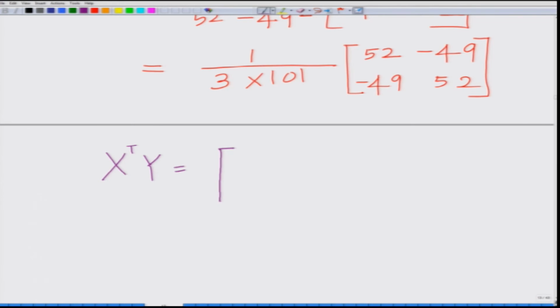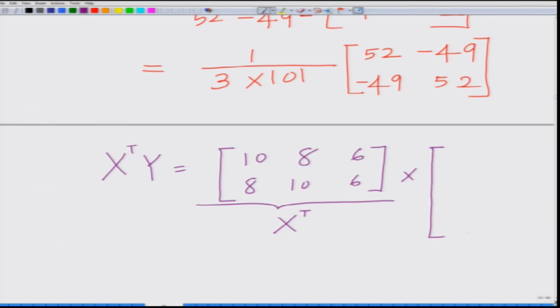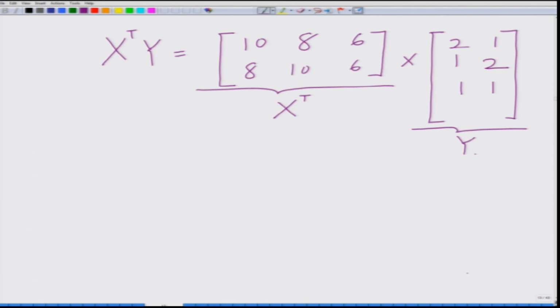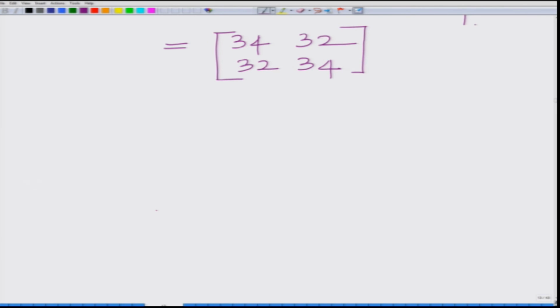This is again x transpose, which is a 2 cross 3 matrix, 10 8 6, 8 10 6, times your observation matrix y, 2 1, 1 2, which is 34 32, 32 34.